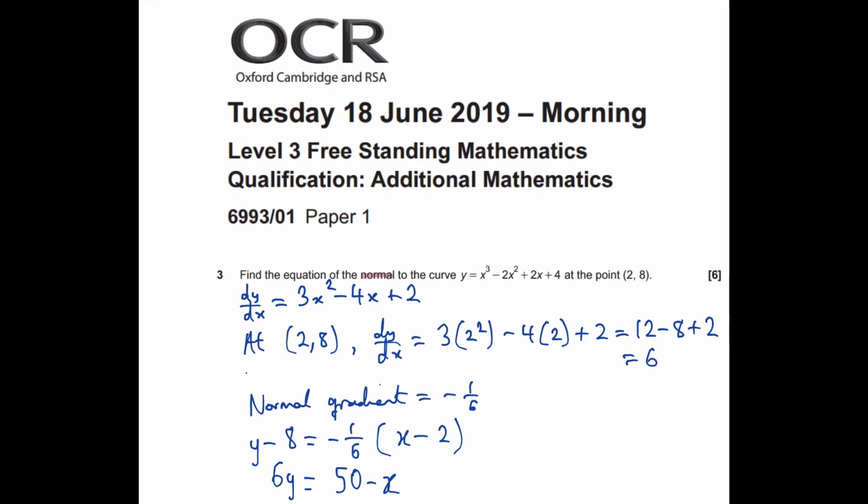And then from here, we can divide through by 6. So we get y equals 50 over 6 minus a sixth x, where our gradient is minus a sixth and the y-intercept is 50 over 6. Okay, on to the next question.